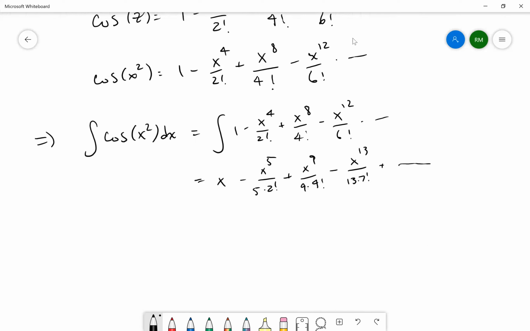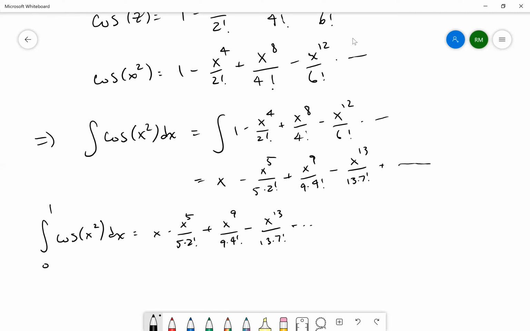And so if I evaluate this from 0 to 1, it's equal to this power series that I've written down, evaluated from 0 to 1.